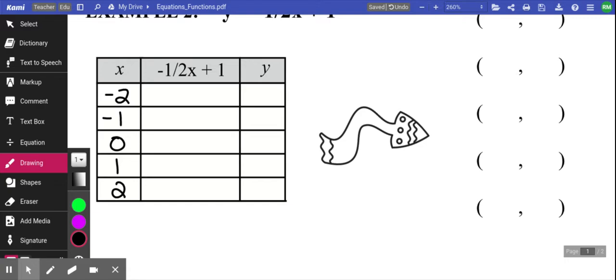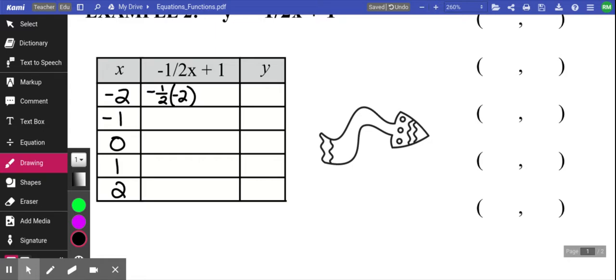So this says -1/2 times our x, but what is our x here? -2, so -1/2 times -2. If you don't know how to do that in your head, when you use the calculator, you could put -0.5. So what's -0.5 times -2? My bad, you can type this into your calculator.